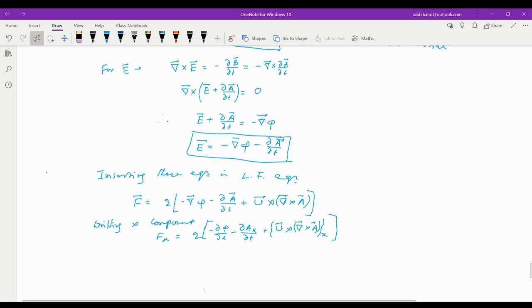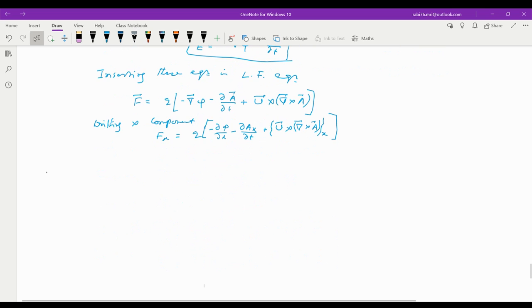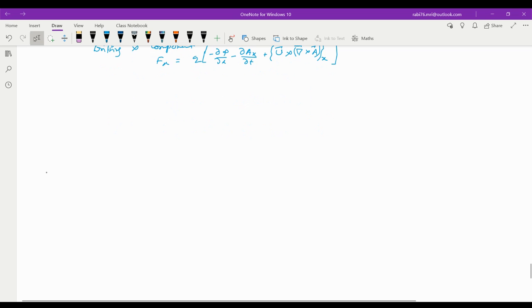Now how to derive this equation? To evaluate this equation, V cross del cross of A will be equals to V cross of the determinant with i, j, k, del x, del y, del z, and Ax, Ay, Az.